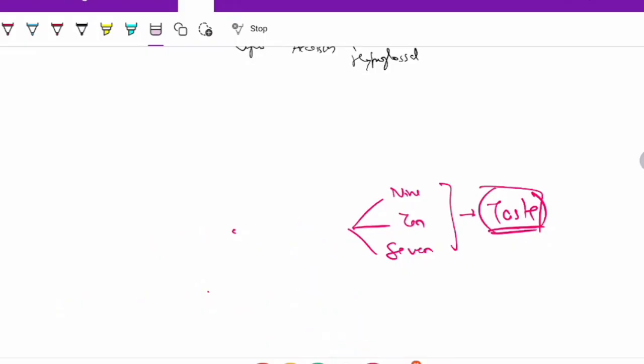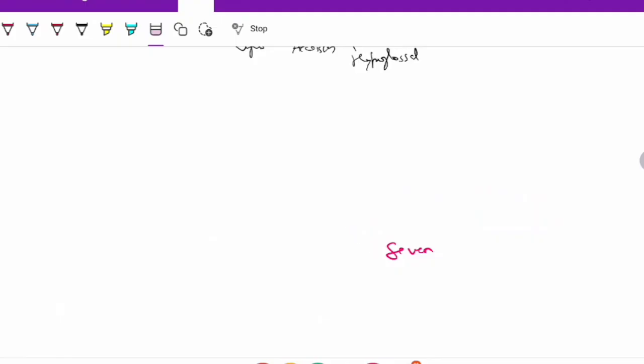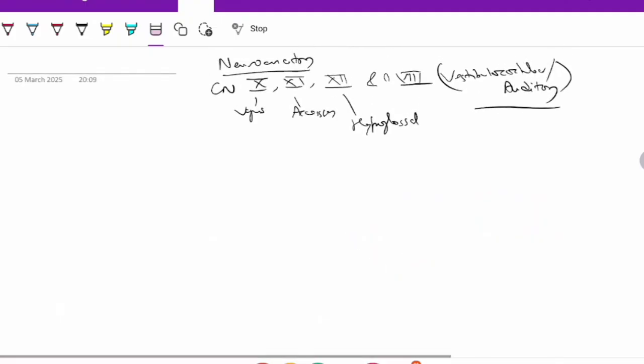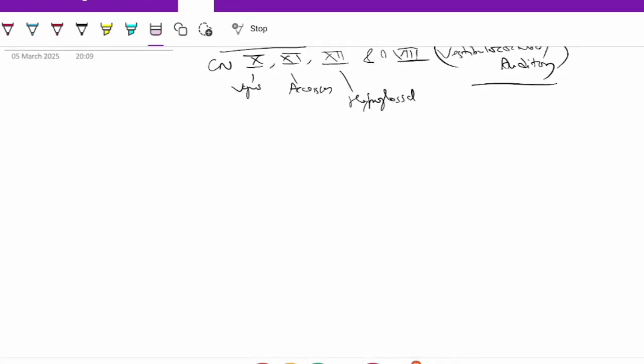For ease of description and understanding, I'm going to start with the 10th and 11th together because they have closely associated functions. Now you must notice that over here I have written accessory, but the more popular name of the 11th cranial nerve is spinal accessory.